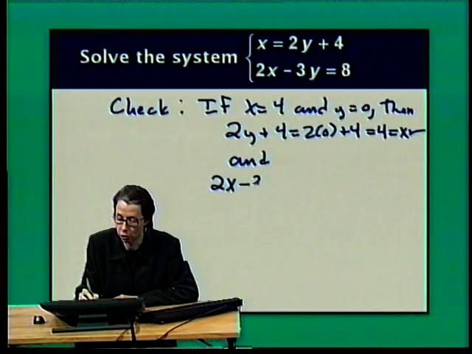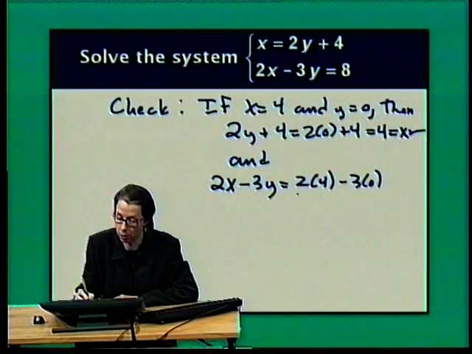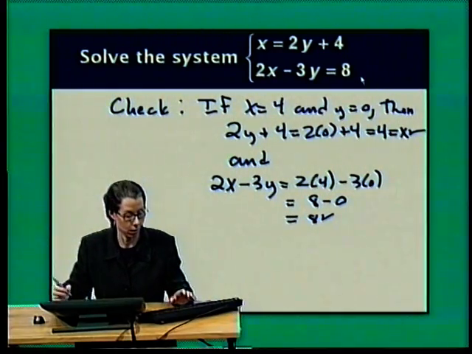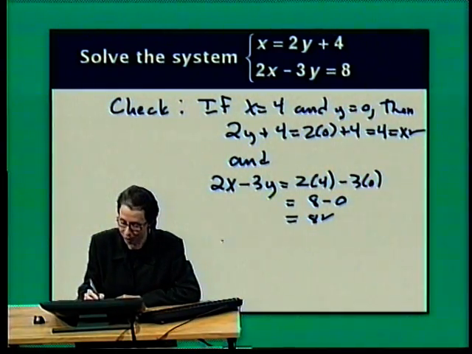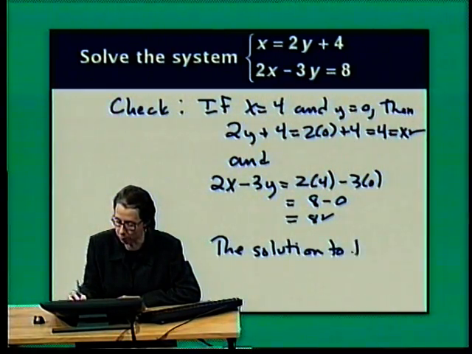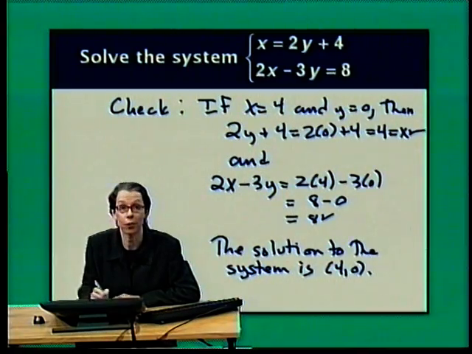The expression 2x minus 3y will equal 2 times 4 minus 3 times 0, which is 8 minus 0, which is 8, which is precisely what I want. So I've got the right solution, and I can just state it. The solution to the system is the ordered pair 4, 0.